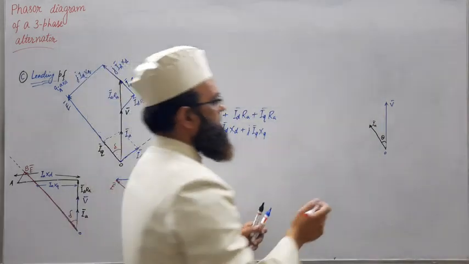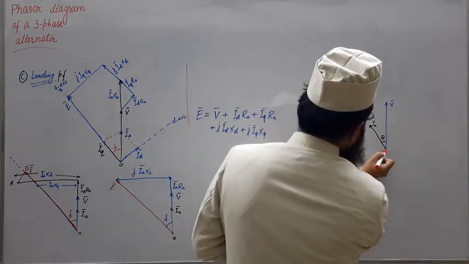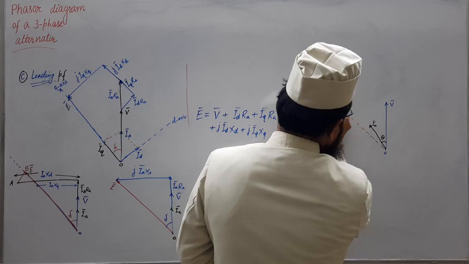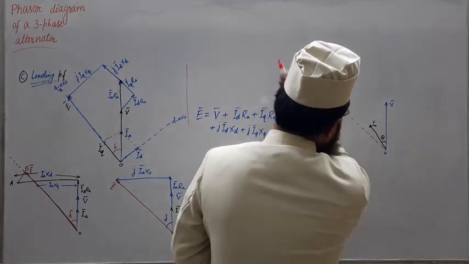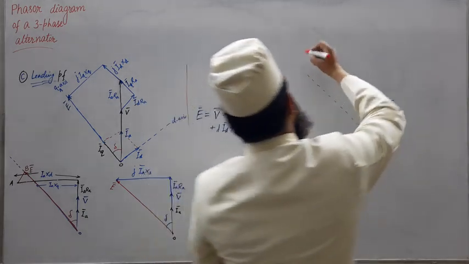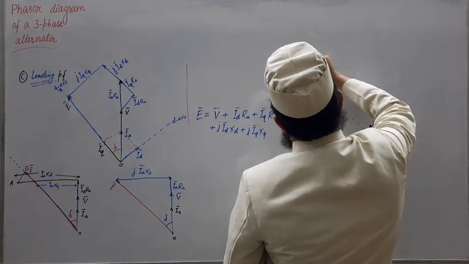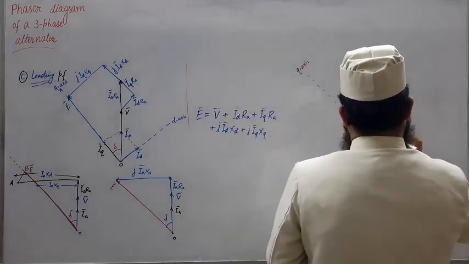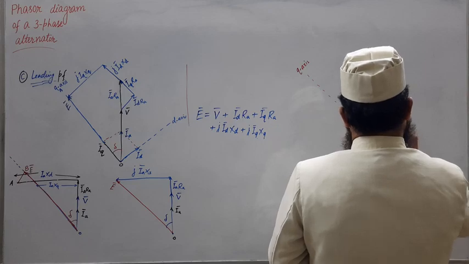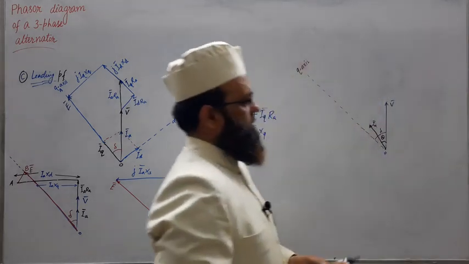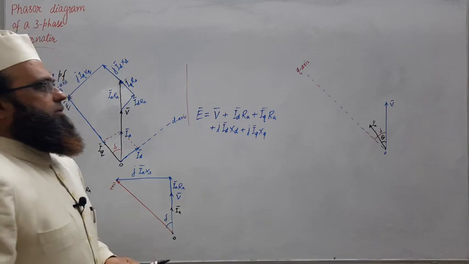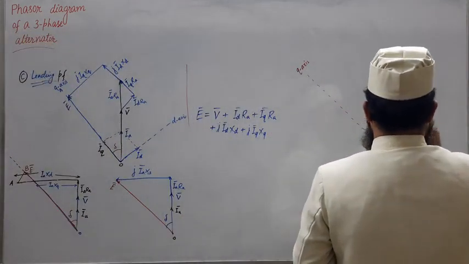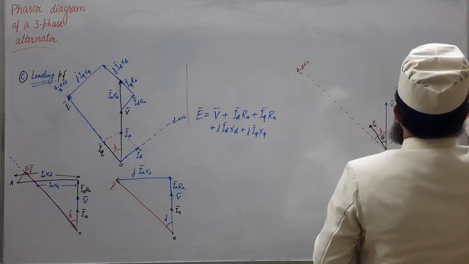Once delta is known, we may draw the Q axis, something like this, Q axis right here, at an angle delta. I am writing delta here. So once the Q axis is known, perpendicular to this, the D axis is also known. Fine.